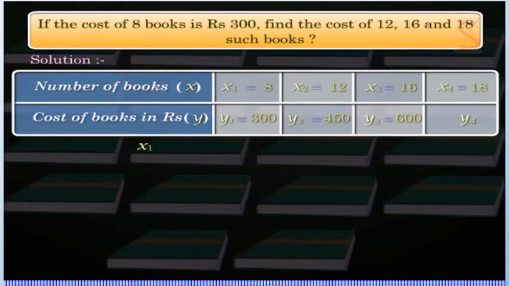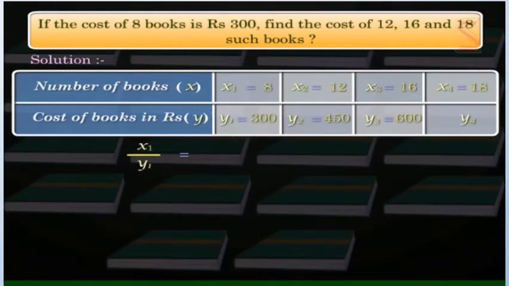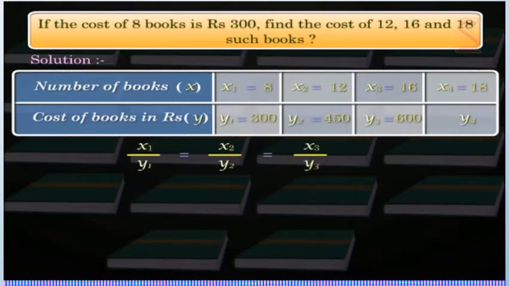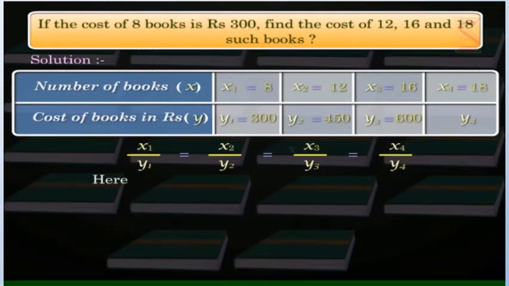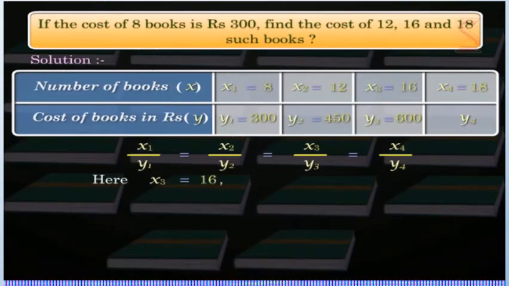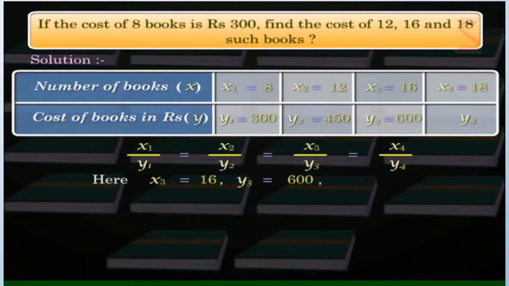We have x1 by y1 equal to x2 by y2 equal to x3 by y3 equal to x4 by y4. We can use any ratio to find the missing value. Here x3 equal to 16, y3 equal to 600 and x4 equal to 18.